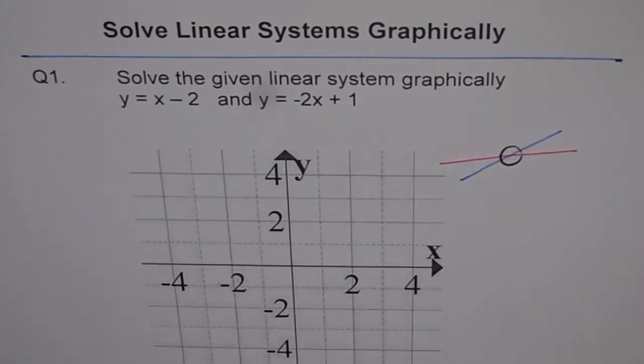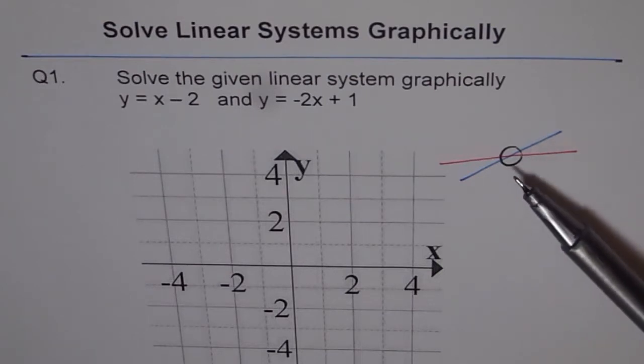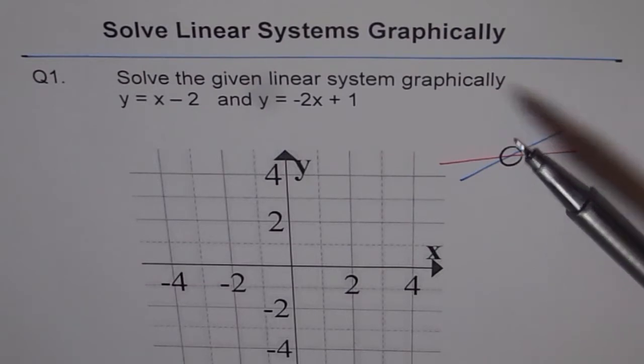And how do we find that point of intersection? In this set of videos, we are trying to find it graphically, right? That gives the meaning to our heading, solve linear systems graphically. That means in all our examples, we'll have more than one line. In fact, we'll have only two lines. And then we are going to find this point of intersection, which is called the solution, graphically.